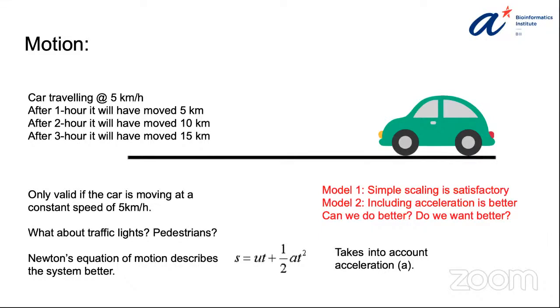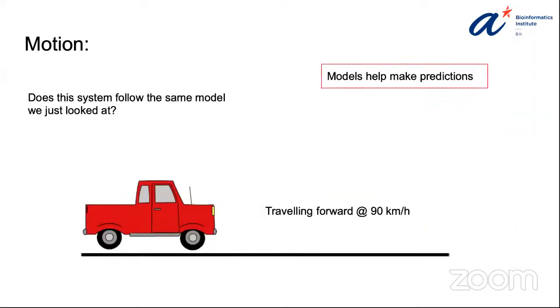I mean, it will make a difference if you are trying to work out fuel consumption, or if you're trying to be very accurate, maybe trucks will take longer to cover 5 kilometers because they have higher periods of deceleration or acceleration. But for normal everyday calculations, when you talk about a pickup truck, for example, you can apply the same Newtonian equations of motion and be able to work out how much distance it would have traveled, right?